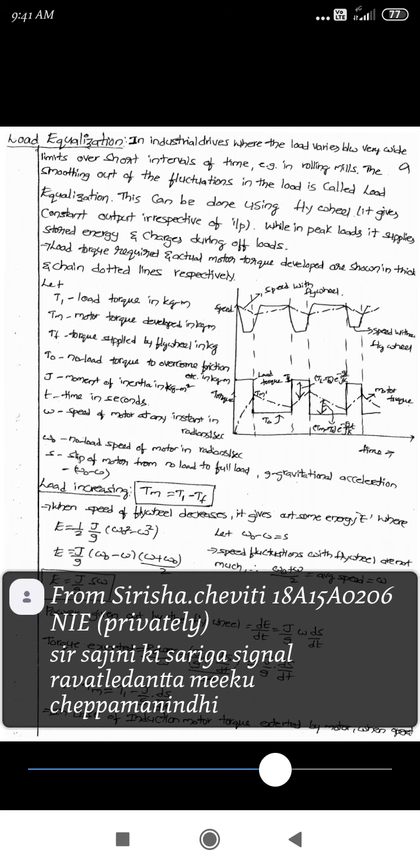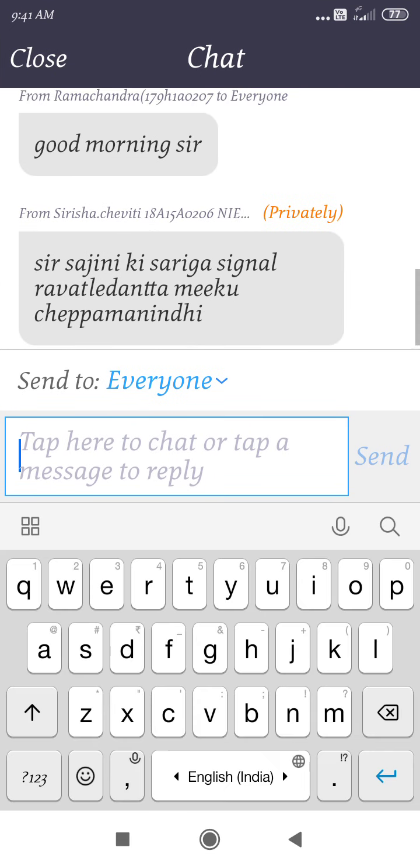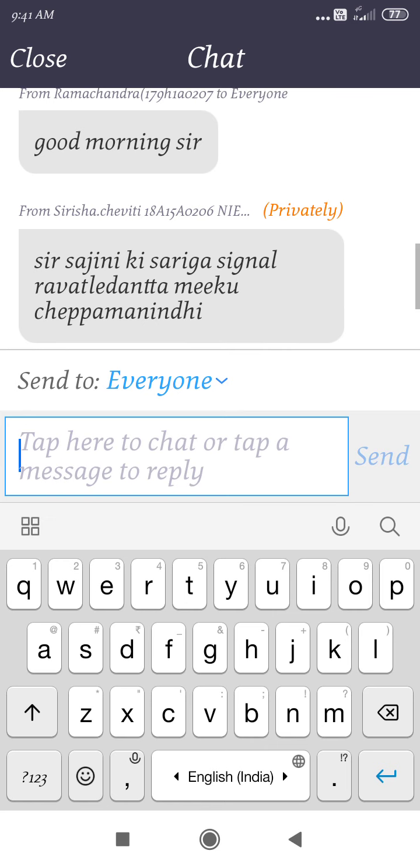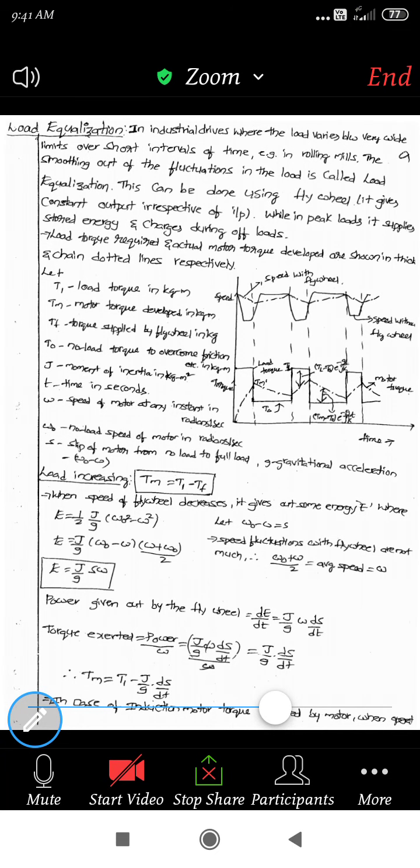Once you keep a flywheel, it restricts the fluctuations, and there is no problem under any conditions. The flywheel restricts all the fluctuations, then we can call it equalization of loads. While there is peak load, it supplies stored energy and charges during offload.